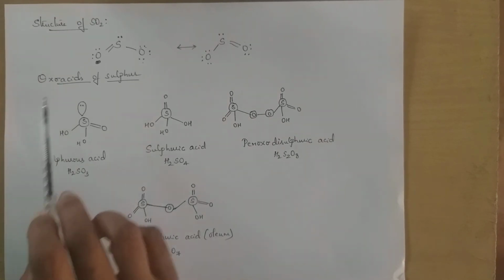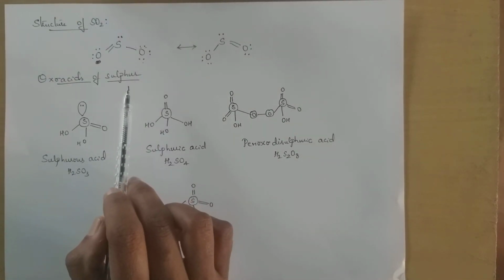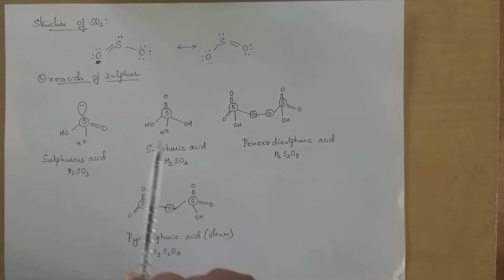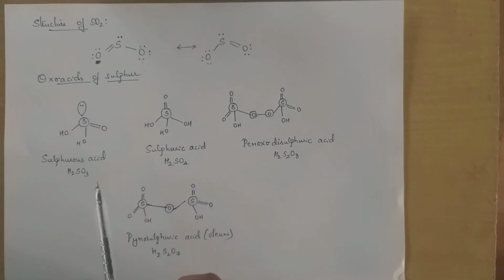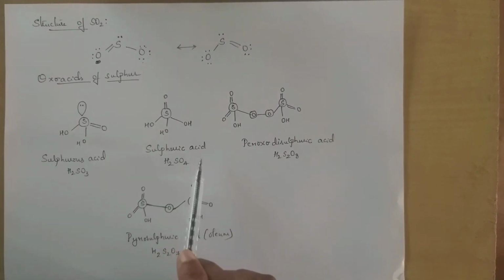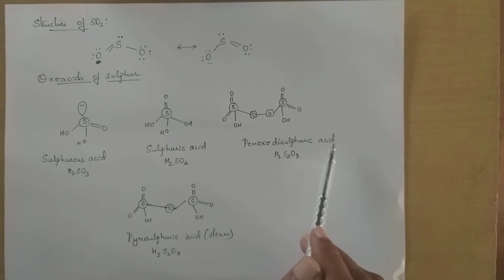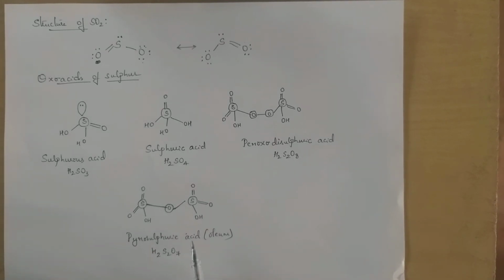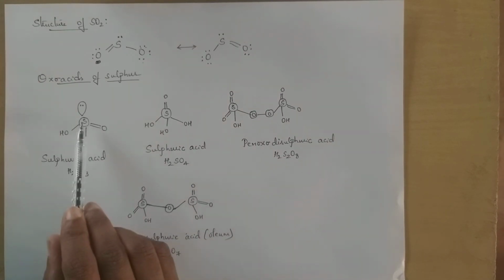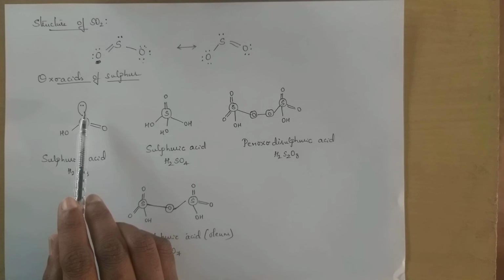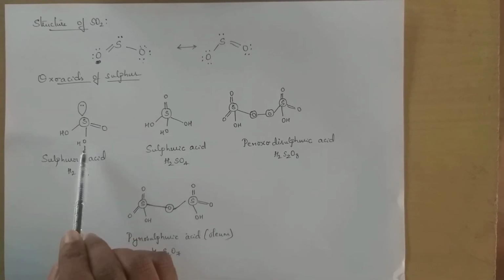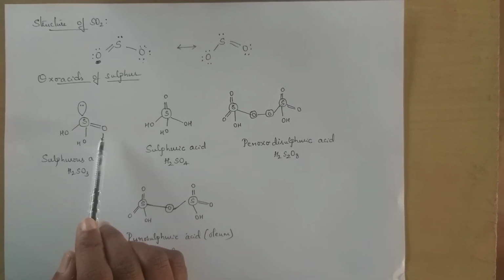Next, coming to oxoacids of sulfur. Very important, in your exam they will ask the structure. Okay? So totally in your syllabus you have 4 types of oxoacids: sulfurous acid, sulfuric acid, peroxodisulfuric acid, pyrosulfuric acid. Okay? So sulfurous acid has the composition H2SO3 where sulfur contains a lone pair of electrons, 2 OH groups and 1 double bonded oxygen.